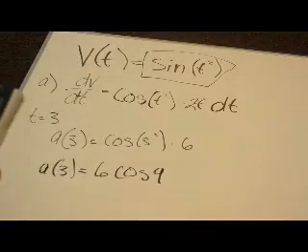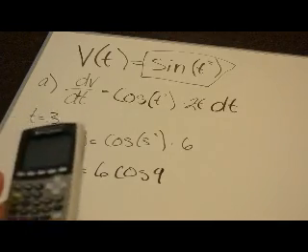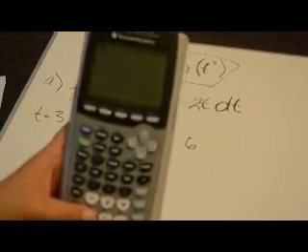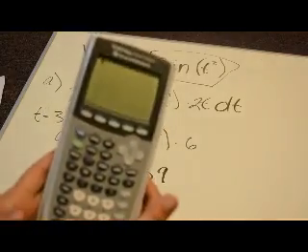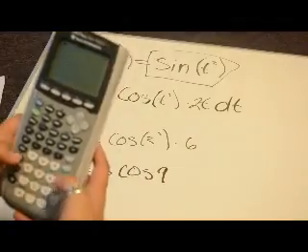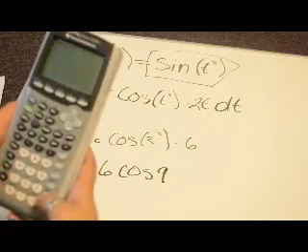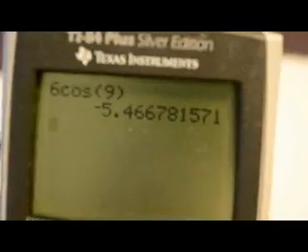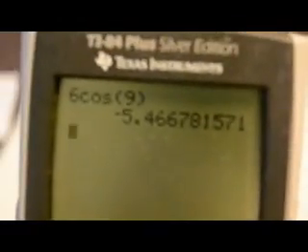So I am going to turn my calculator on, and then I am going to plug in 6 cosine of 9, close the parentheses, enter, and you get negative 5.46678, or if you round it, negative 5.467. That's your acceleration.